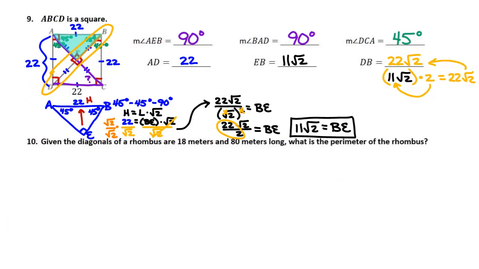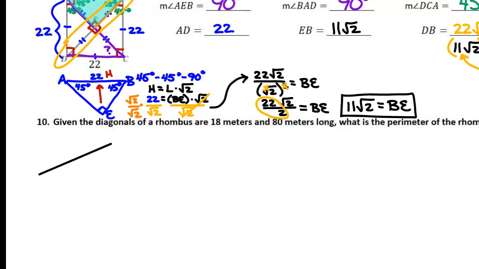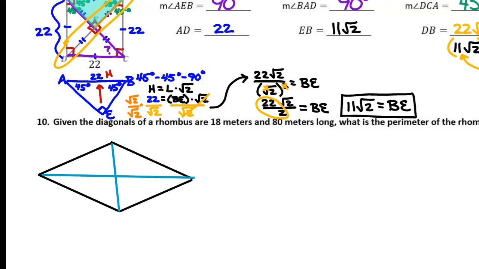All right, very last problem. Given the diagonals of a rhombus are 18 meters and 80 meters long, find the perimeter. So I'm going to do my best to draw a rhombus here. All right, there's my rhombus, and I'm going to go ahead and draw in those diagonals. The shorter one is 18 meters long.